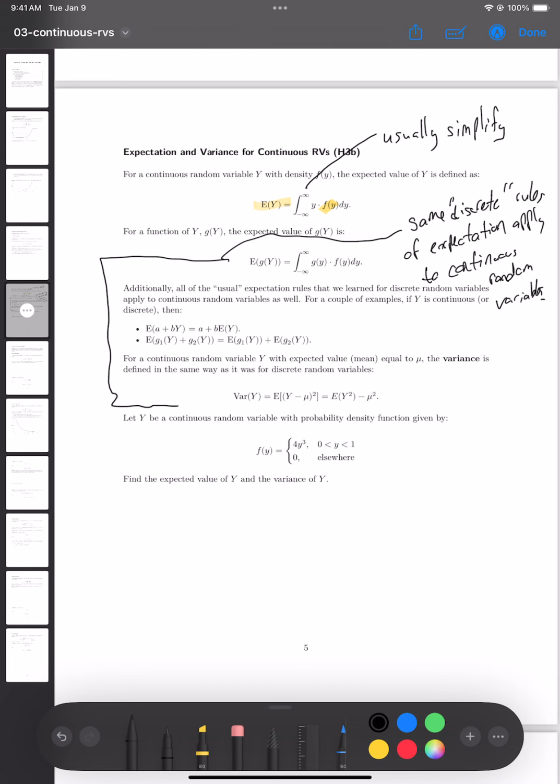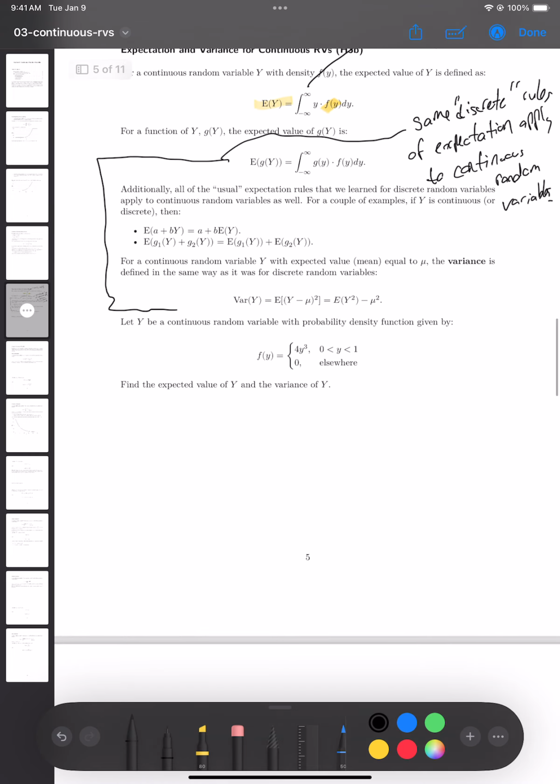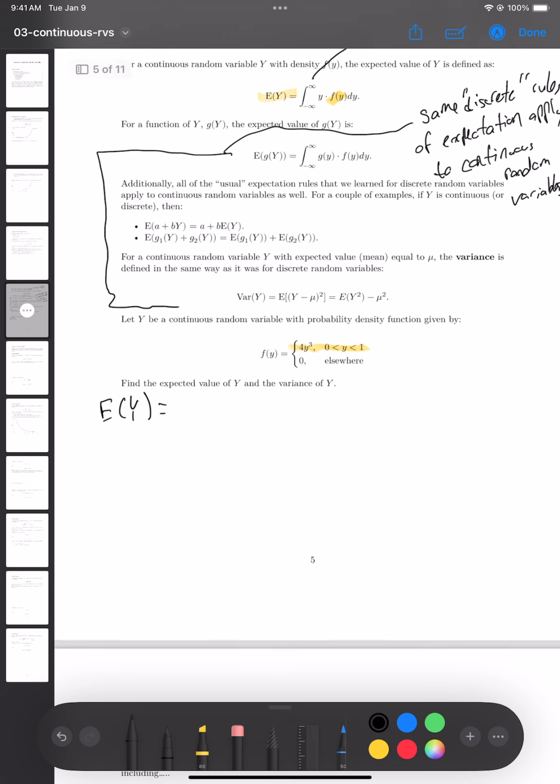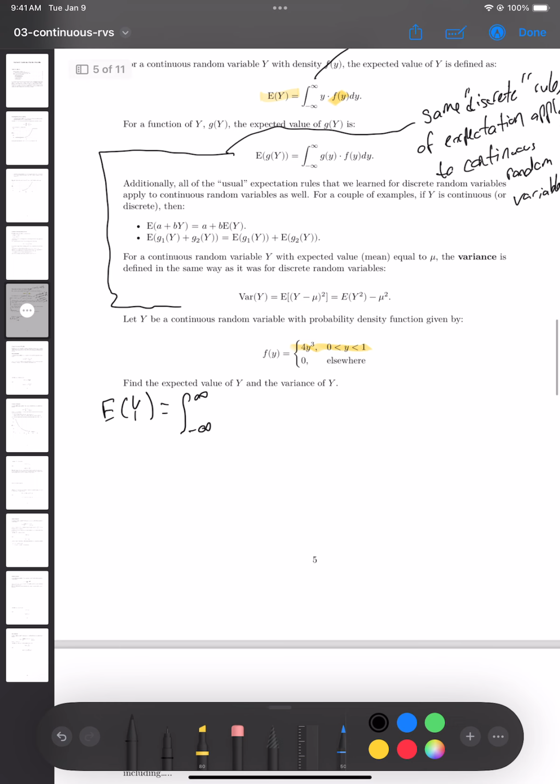Okay, so let's jump down into this example where we have this density function, 4y cubed on the interval 0 to 1, 0 elsewhere, and we are prompted to find the expected value of y and then the variance of y. Let's start with the expected value, and I'm just going to copy down the definition above. So we're integrating y times f of y with respect to y from negative infinity up to positive infinity.